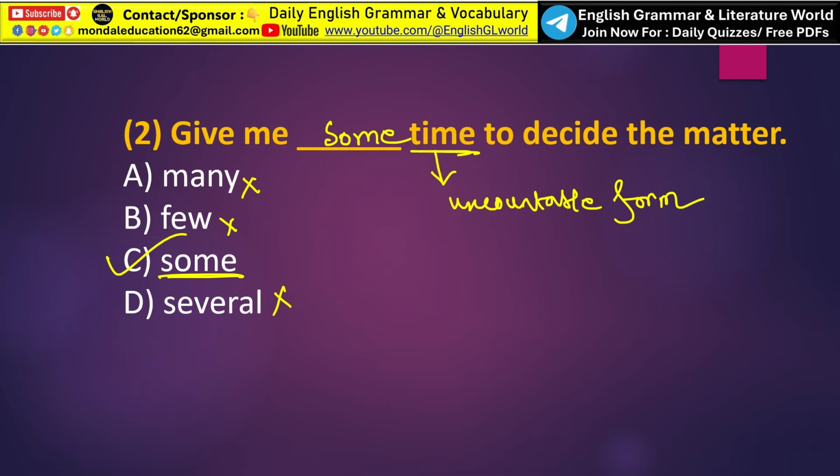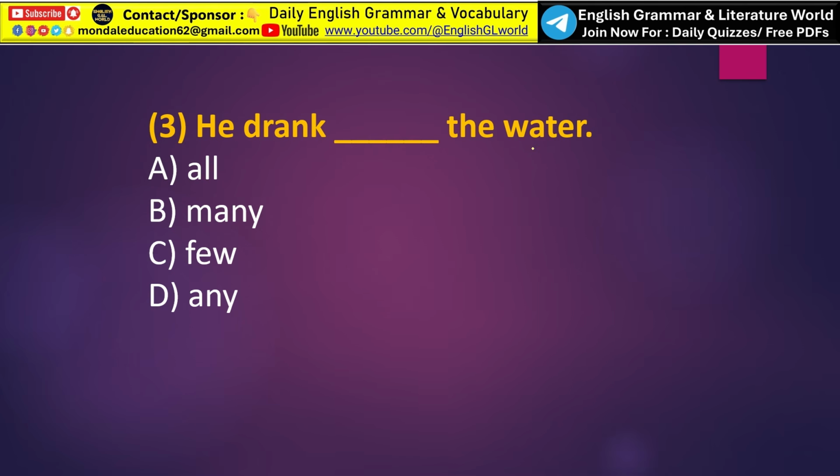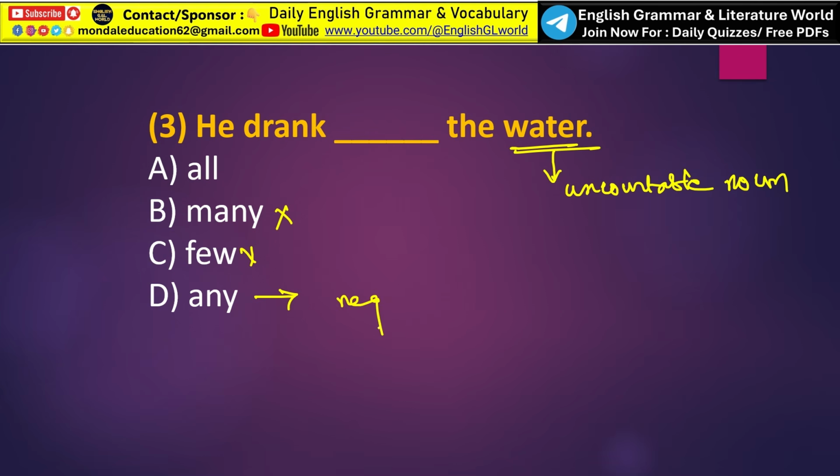Next. He drank dash water. Here water is an uncountable noun. So many and few are not the correct answers, and I have already told you any is used with a negative or interrogative sentence.